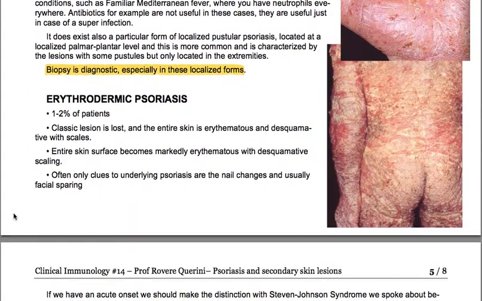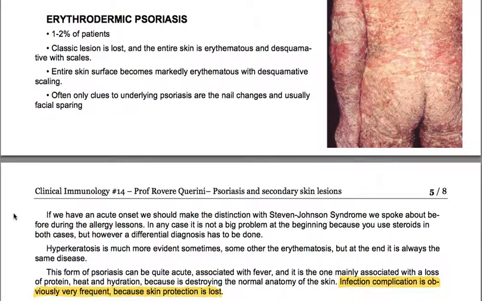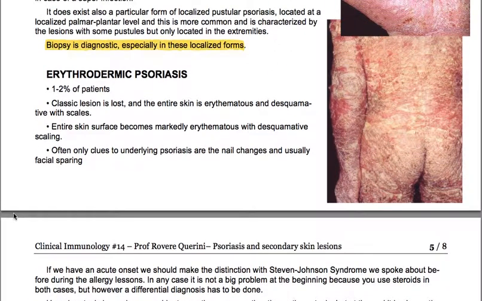Erythrodermic psoriasis is present in 1-2% of patients. The classic lesion is lost and the entire skin is erythematous and desquamative with scales. So the entire skin surface becomes markedly erythematous with desquamative scaling. Often the only clues to understand the underlying psoriasis are the nail changes and usually facial sparing.